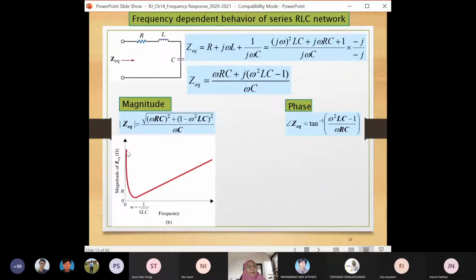So you will have a small decreasing impedance, but then rising almost linearly with the increase of frequency.